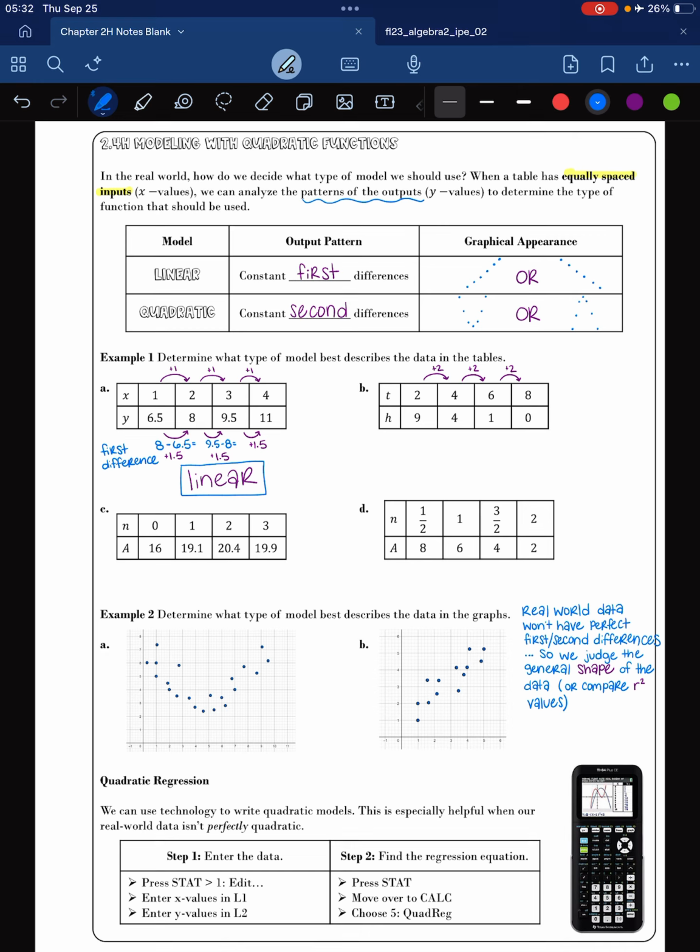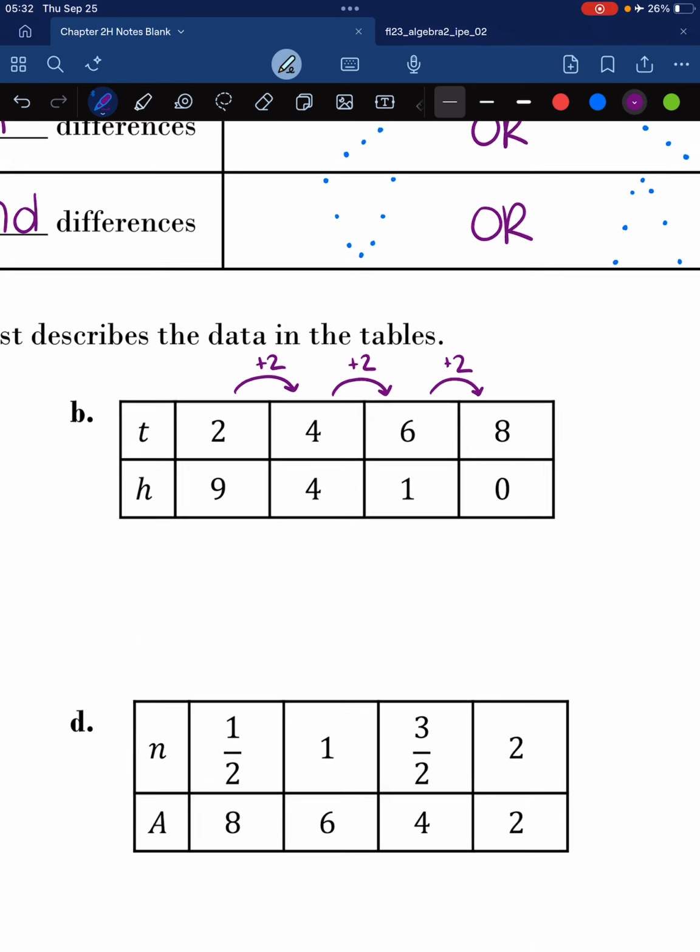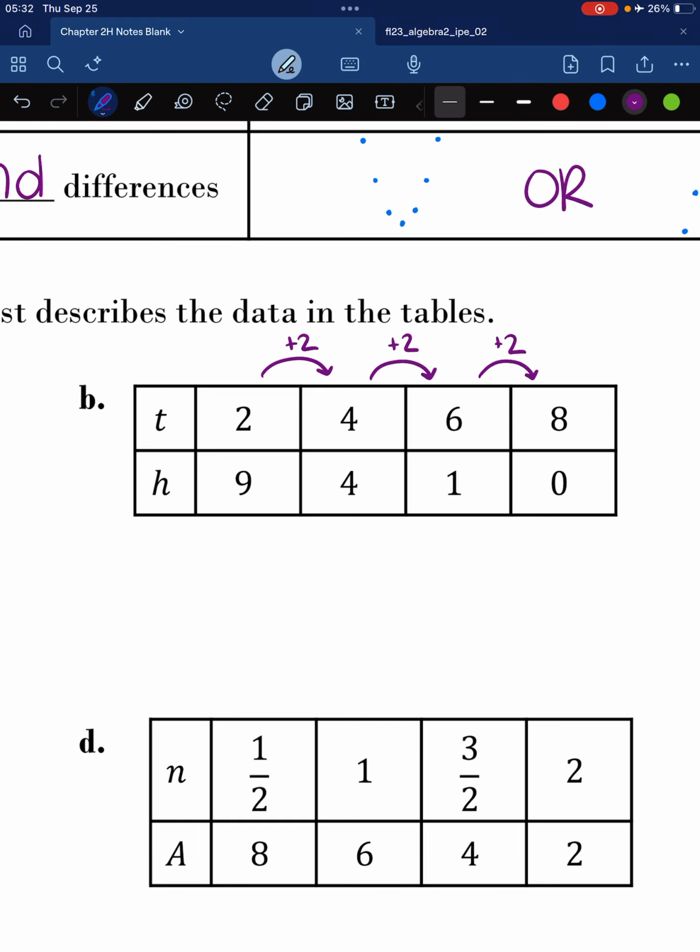Let's look at what a second difference means then. In table B, I changed my variables, but the input is still on top. My input is still t. For the output, remember we always subtract the second term minus the first term.